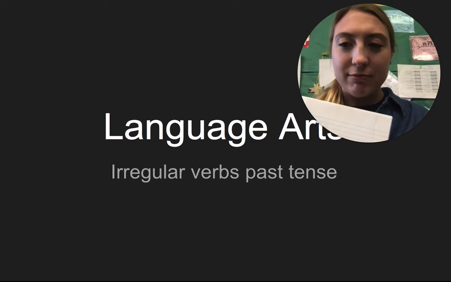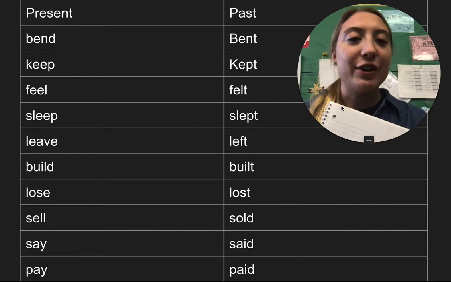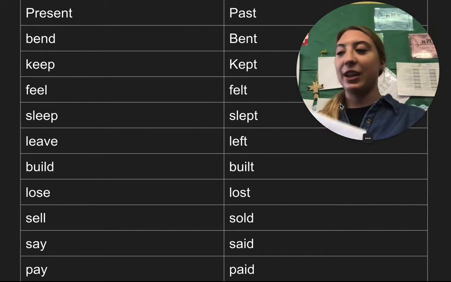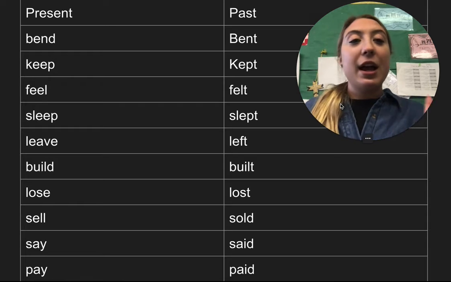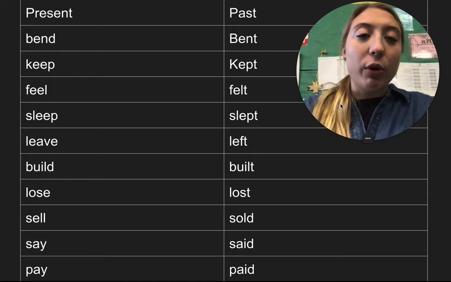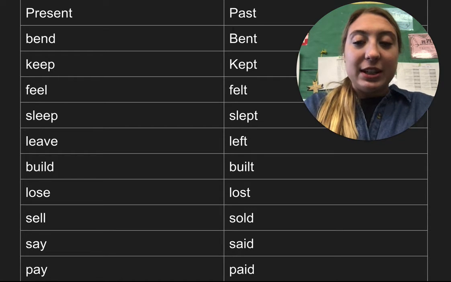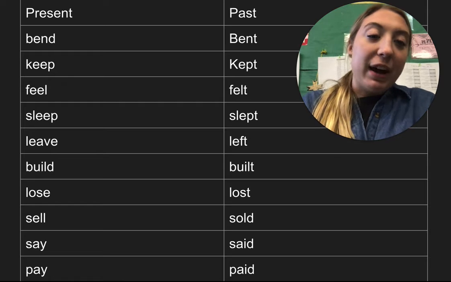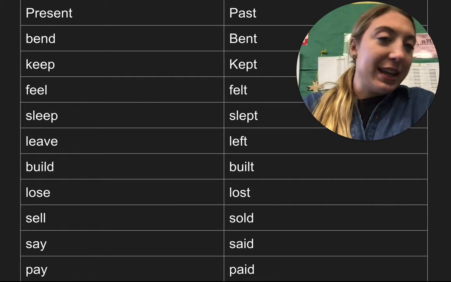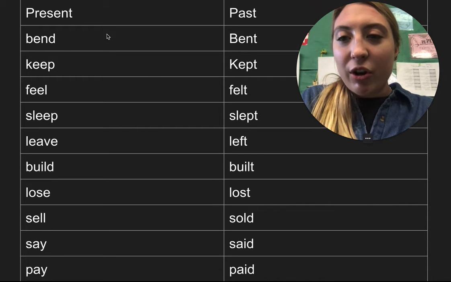So the first thing we're going to do is go over reading the words. I'll read them out loud, and make sure to write these down in your notebook. We'll be going over new ones every day. For Monday, Tuesday, Wednesday, Thursday, we are going to be writing out our present tense and past tense verbs and how they change. Over here, these are all in present tense.